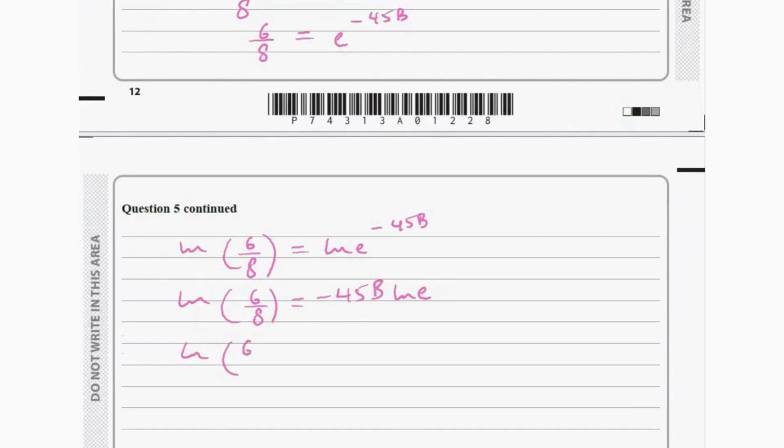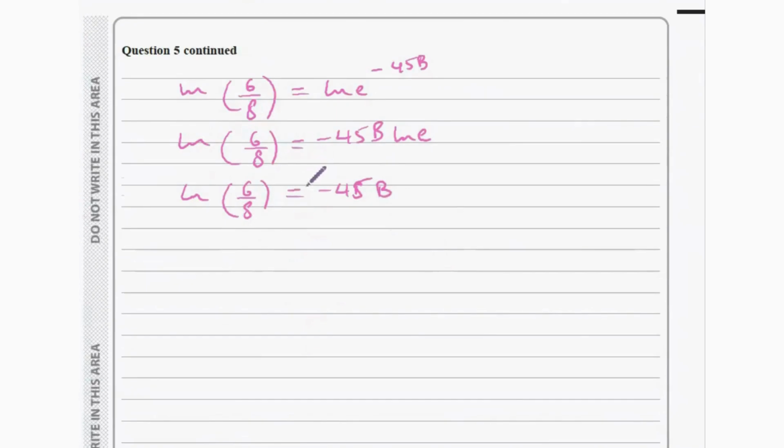So it becomes ln 6 over 8 equals negative 45B. So ln 6 over 8 divided by negative 45 gives us a value of 0.00639 for B.